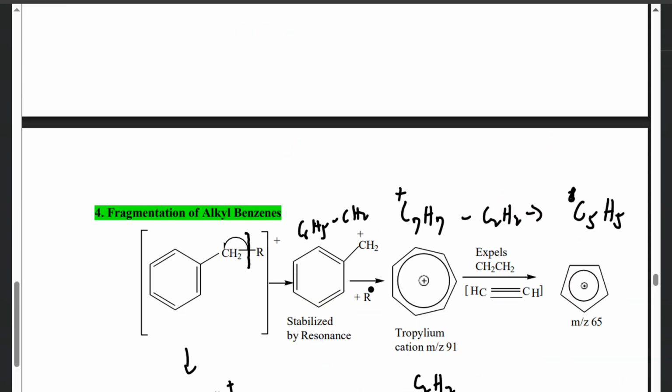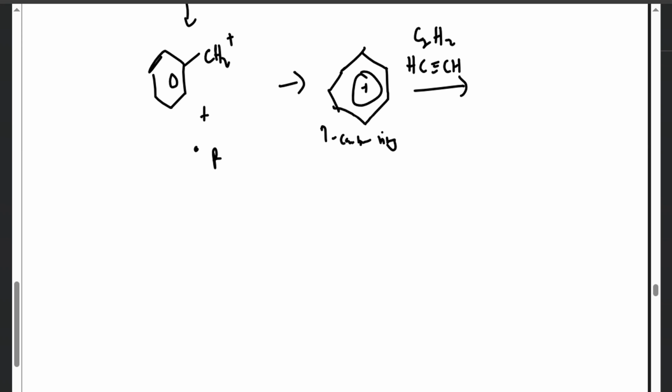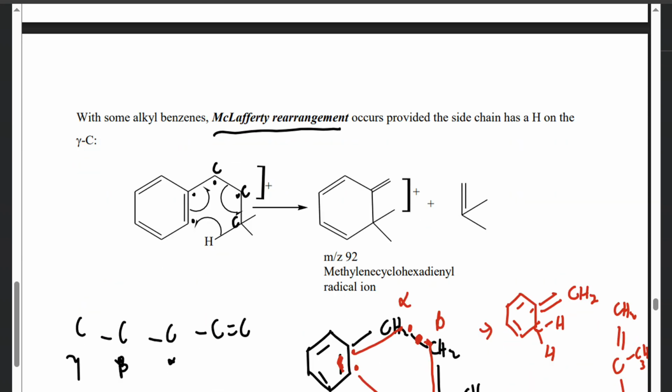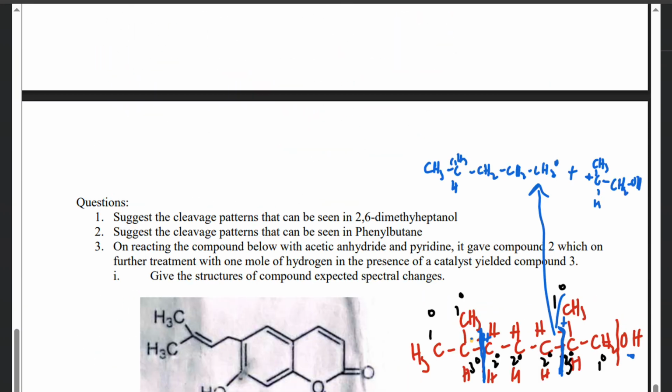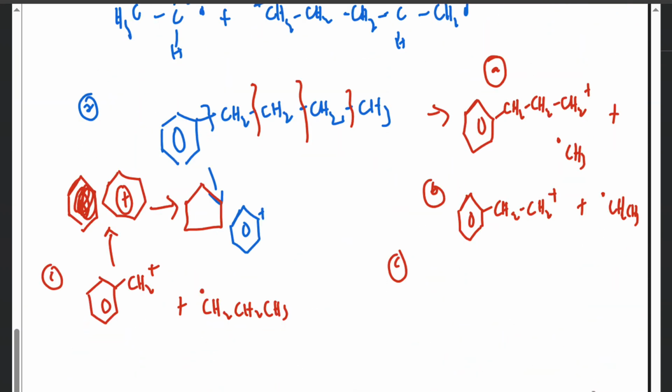At this point where we explained, it becomes this ring. So when we expel this one, it becomes 7 membered, and then you expel C2H2, then you have this structure there. So let's go back to what we had initially. So this is going to become this, right? So that's the end of this.